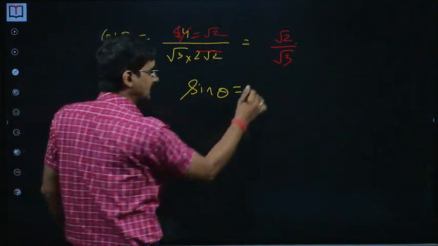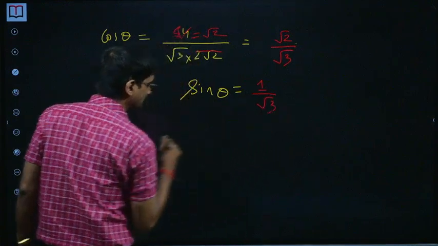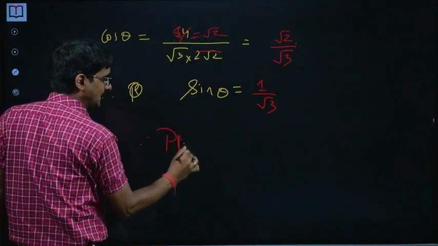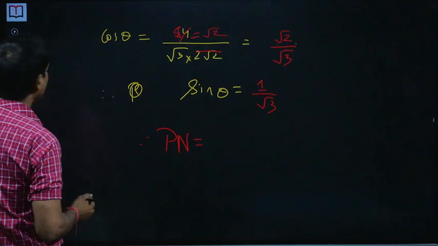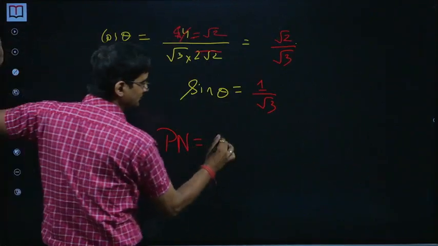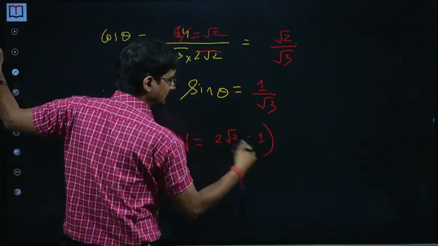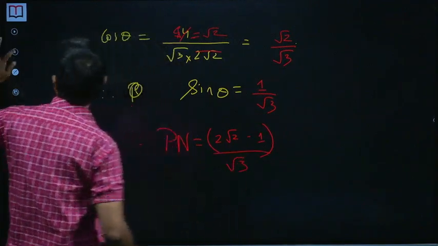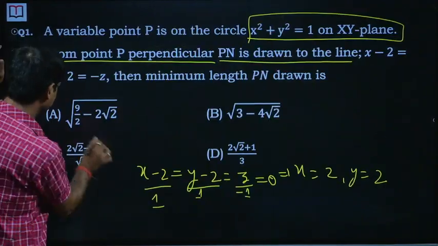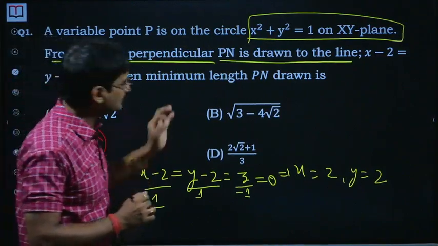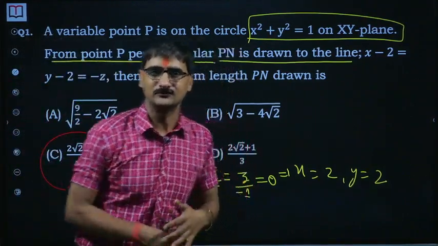So in that case sine theta is 1 by root 3. Therefore PN is PM, which is 2 root 2, times sine theta, 1 by root 3, and that's one of the options, so that is the answer. So that was the first question of today.